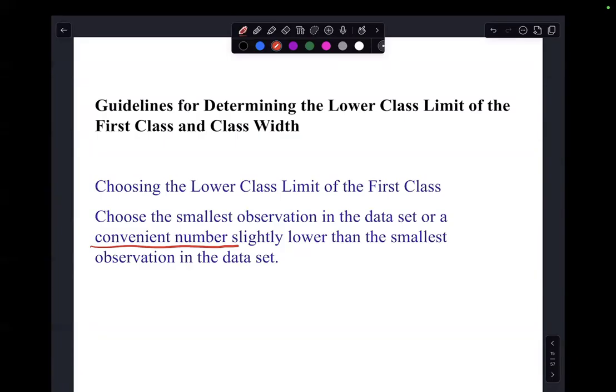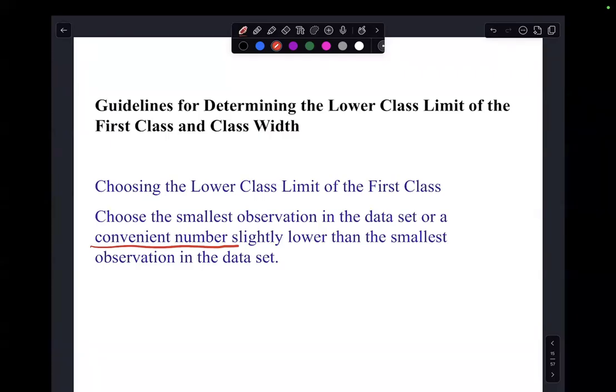Like we are at 672, we chose 670. If I had a number like 604, I would probably make it 600. You just choose a pretty number that is right below your lowest data value. So just choose a nice pretty number. That's how we find the lower class limit of our first class.